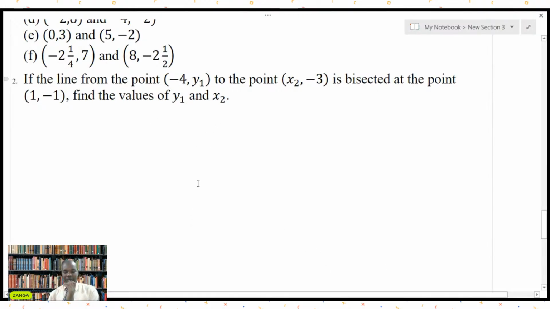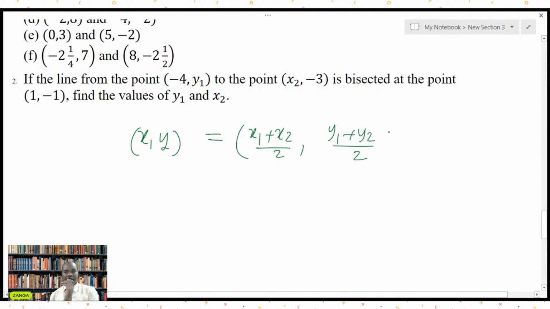So we'll go with the formula, and the formula is, if the midpoint is (x, y), then (x, y) is equal to ((x1 + x2) divided by 2, (y1 + y2) divided by 2). And here we go with the assumption that this is x1, y1 here, and this is x2, y2, dear students.